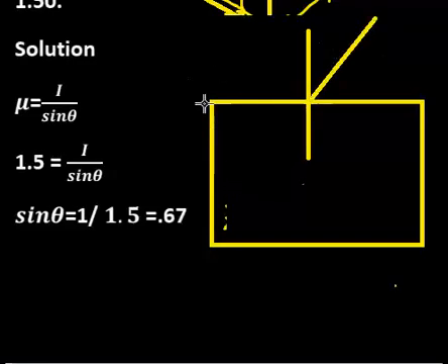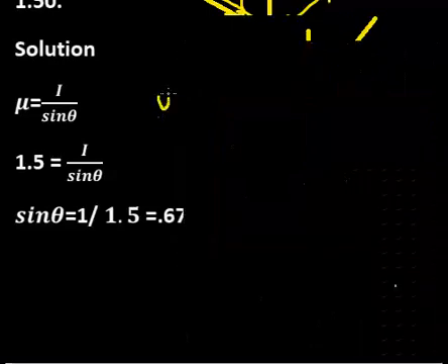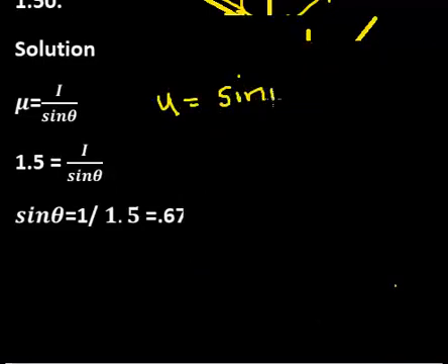Now let's go straight to the formula, which is very important. The formula of refractive index: we know that refractive index is equal to sine i all over sine r, right? Considering light in this case, at that point the angle of incidence is 90 degrees.